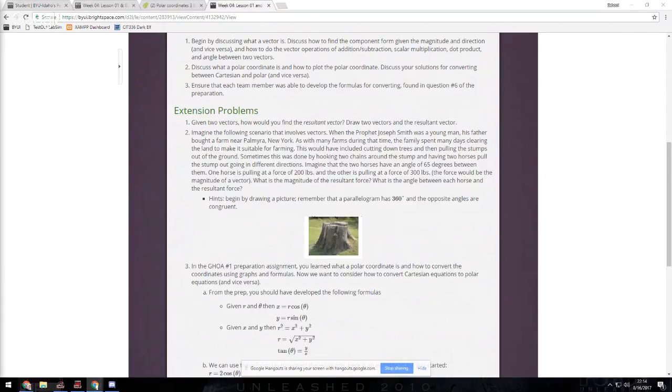So I have a direction of 0 for the first one with a magnitude of 300, and then a direction of 65 with a magnitude of 200 for the second one. And so again, we can utilize our resultant and find your x and your y points from the information that you're given, and go ahead and factor it up, and you end up with approximately 425 pounds of force.